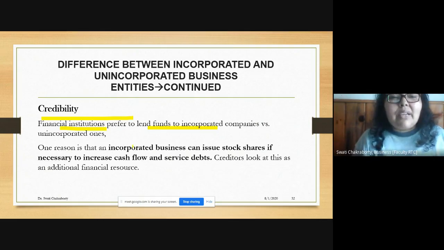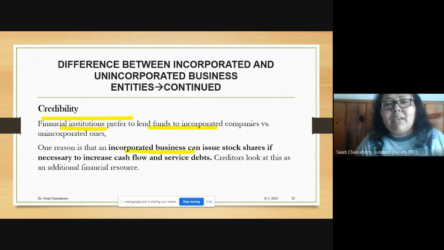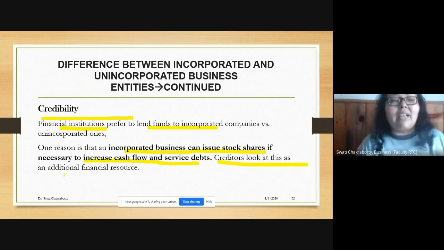That's also why big corporate houses can issue their shares if necessary to increase cash flow and service debts. So they can do that, right? And creditors look at this as an additional financial resource.